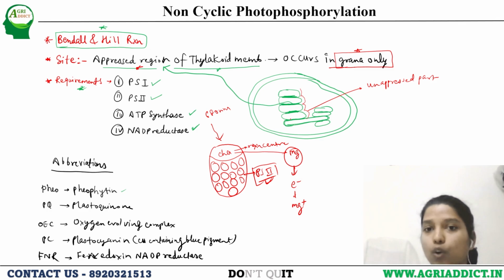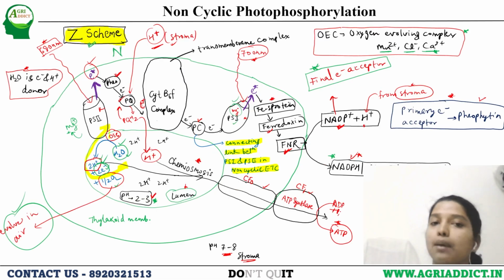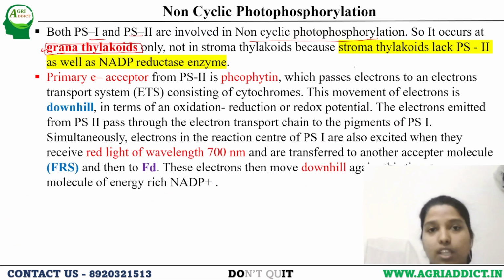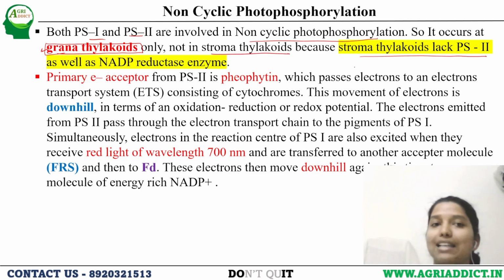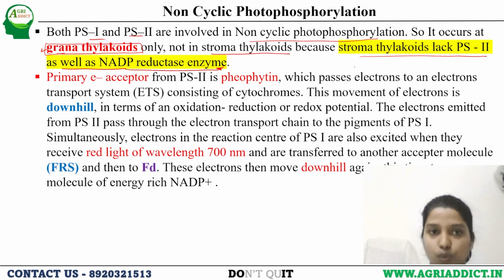So in grana thylakoids only it will take place, not in stroma lamella, because in stroma lamella the PS2 photosystem is not there. Stroma thylakoids lack PS2 as well as the NADP reductase enzyme. That's why non-cyclic photophosphorylation takes place in grana thylakoids only.